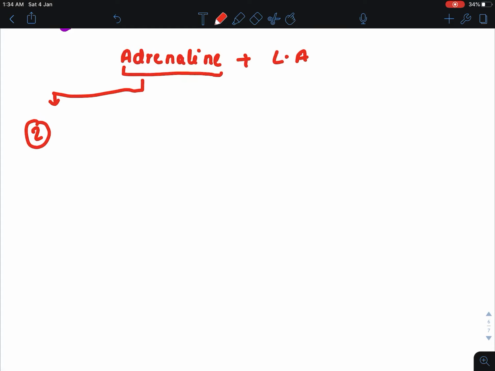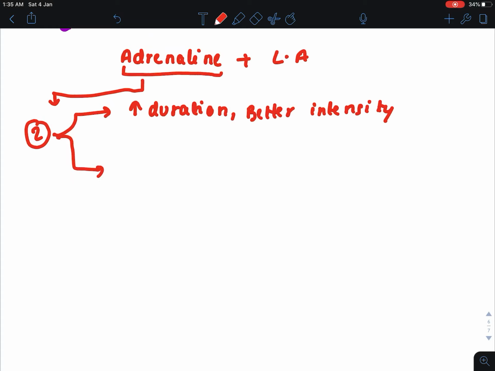Because of the constriction of blood vessels, it localizes the drug to the desired site, therefore increasing the duration of action plus better intensity of the drug. Since blood vessels are constricted, less drug reaches the systemic circulation, therefore it reduces systemic toxicity.